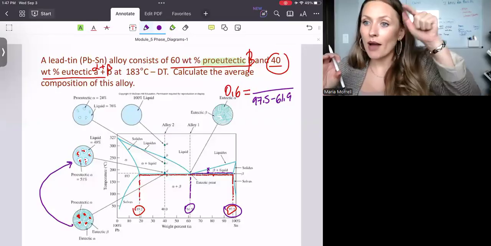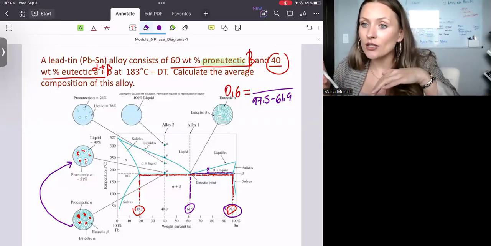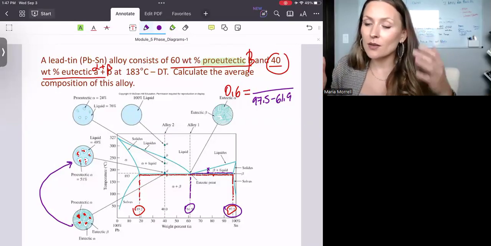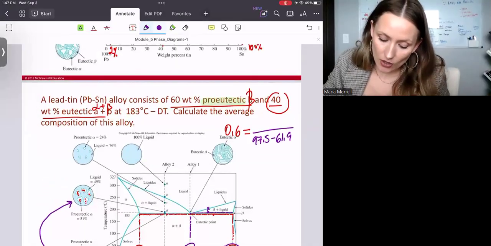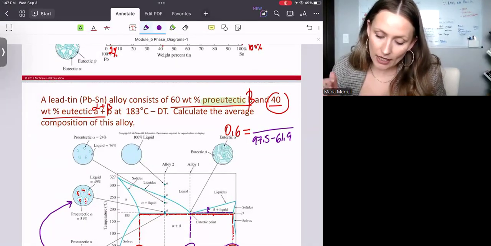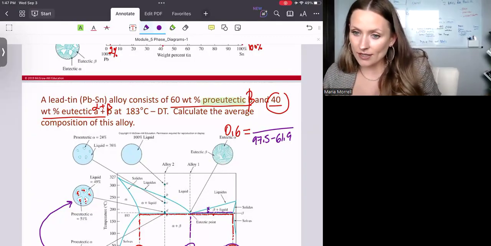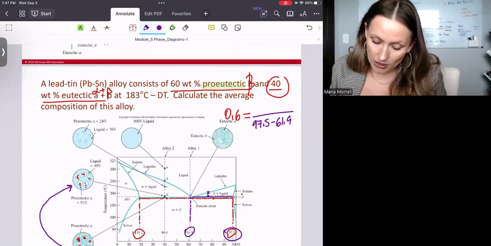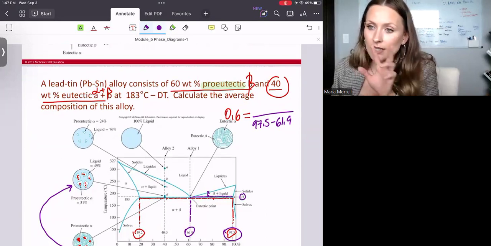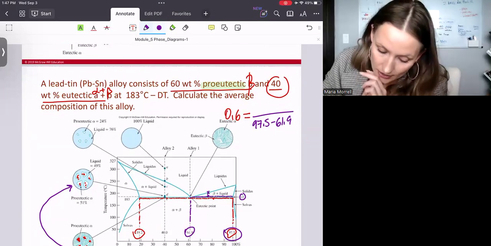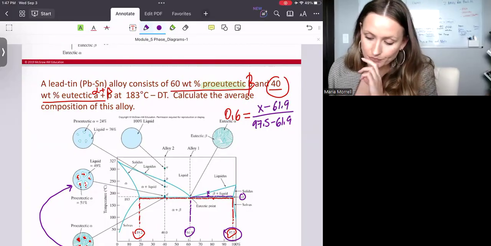So I'm just going to go back to where they formed and use the knowledge from the proper envelope. Since I'm looking at the proeutectic beta, my beta is on the right side of the screen, so it's going to be here. I'm going to use the distance to the liquid, and that is going to be x minus 61.9, okay?